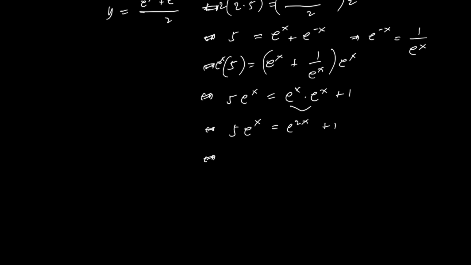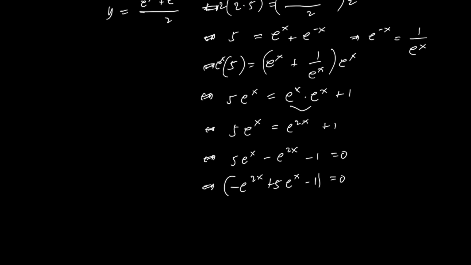Now combining everything on the left side so that the right side will be 0. So we have 5e to the x minus e to the 2x minus 1 equals 0. Or you can have negative e to the 2x plus 5e to the x minus 1 equals 0.